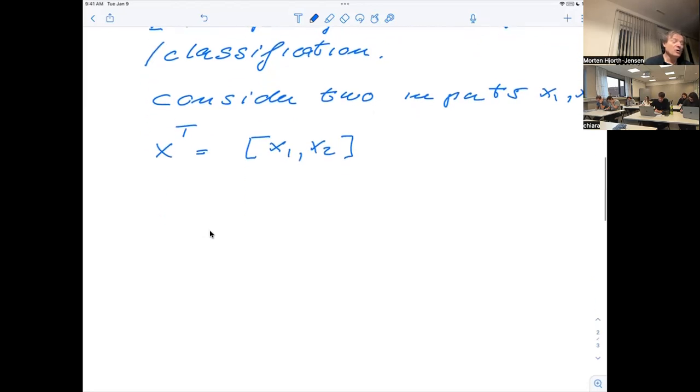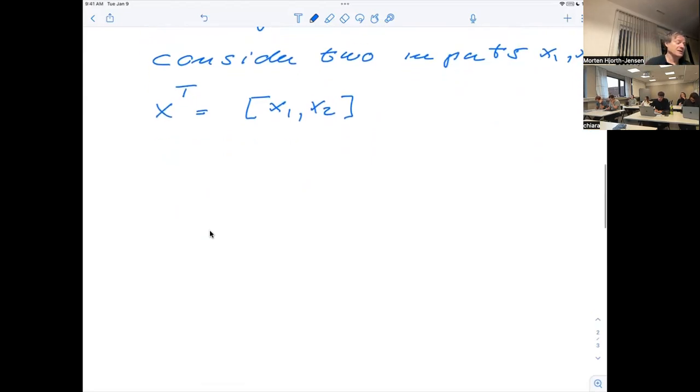And one of the things which we are going to use repeatedly is a graphical representation of the data here and the models which we are setting up. So we are going to now have a node, or neuron.